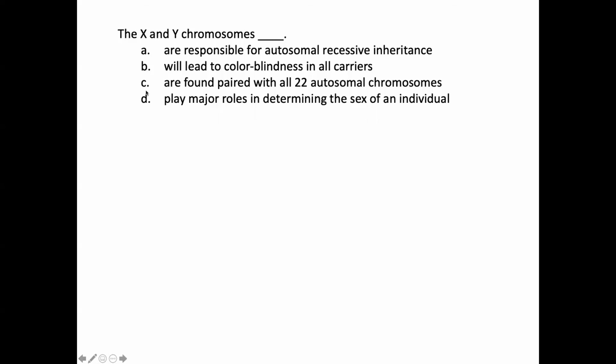Therefore, they are wrong. But in B, color blindness is X-linked, right? But its inheritance pattern is recessive. If it's recessive, then the carriers do not show disease phenotype. So B is not correct. So the only one correct answer left is D.